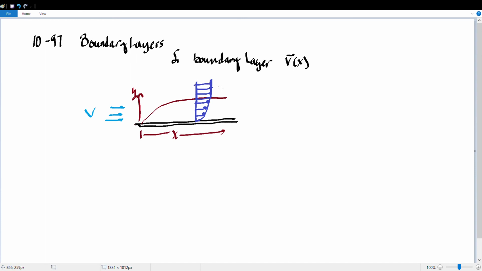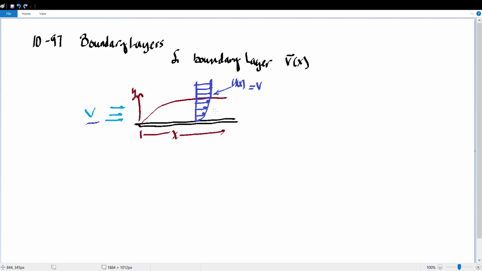This is what's happening here. We're going to call this u of x, this representation, and up here past the brown boundary layer, this is just equal to V. There's a constant velocity at the onset of the flat plate, and then because of no slip, you go from 0 to the maximum value.